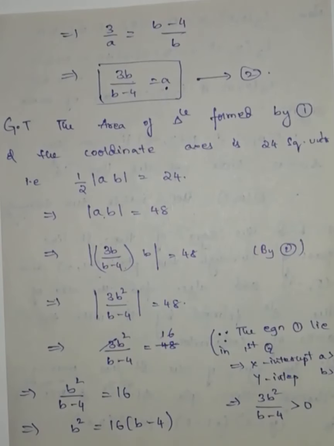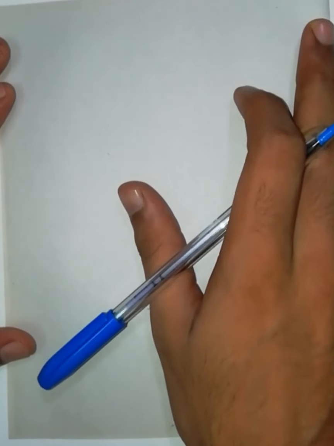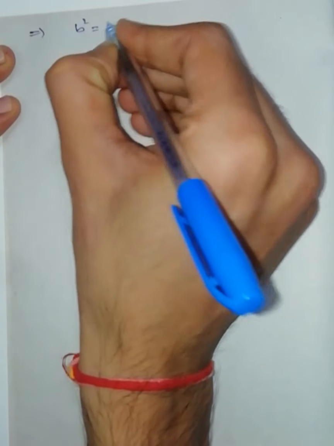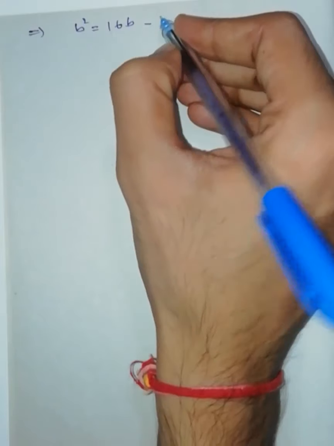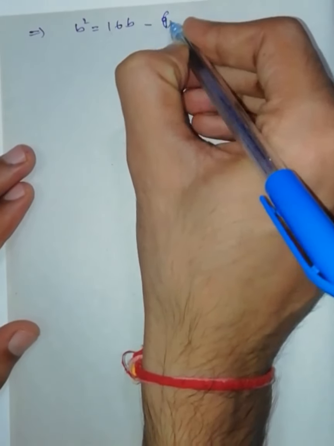Now first multiply 16, then take all terms to one side. If I multiply with 16, I will get b square is equal to 16b minus 16 into 4, which is 64.